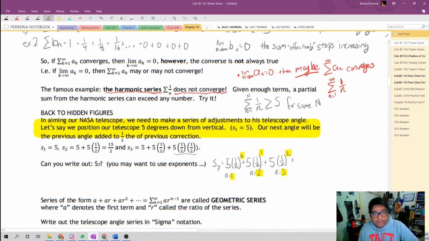So the fourth term is going to be 5 times 1/2 to the third power. The fifth one, n5, that's going to be 5 multiplied by 1/2 to the fourth power, and then 5 multiplied by 1/2 to the fifth power, and then 5 multiplied by 1/2 to the sixth power.